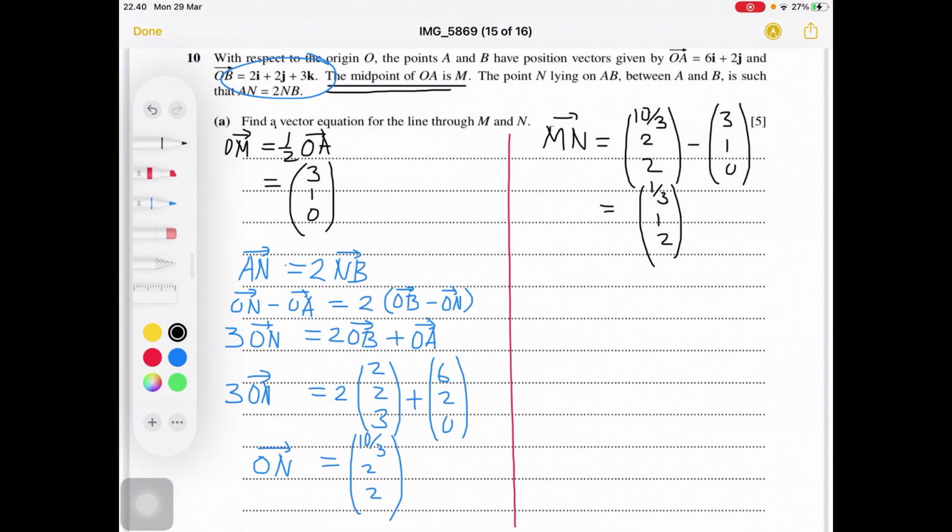So the equation of the line that passes through M and N is r equals one point passed by the line.